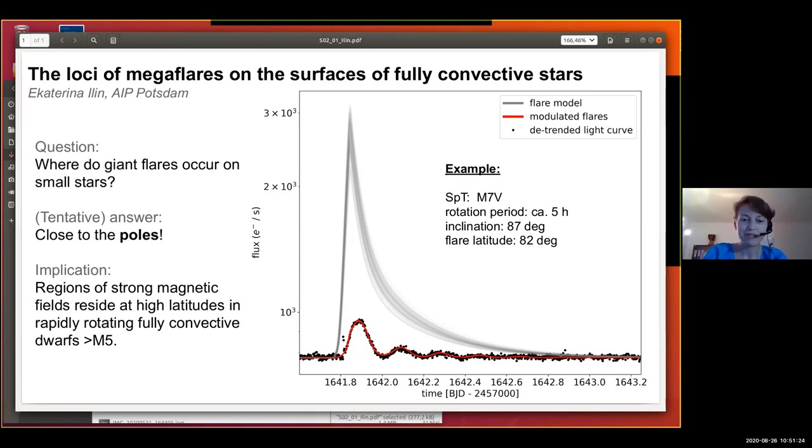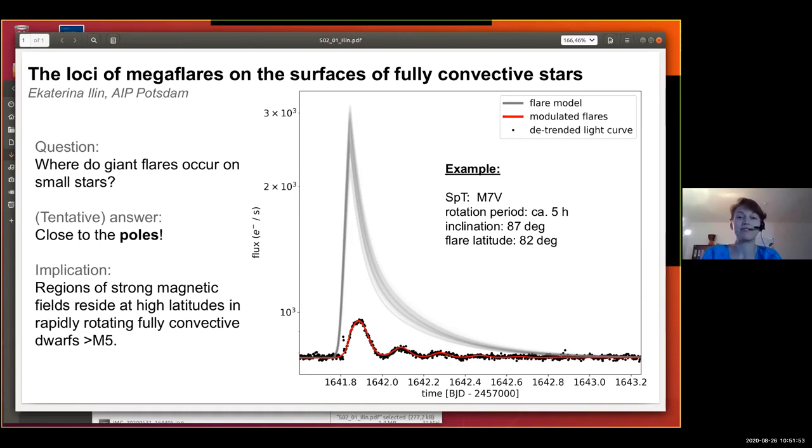The cool thing is our model not only tells us what the flare looks like, but if we can determine the inclination of a star, which we could because we got a high-res spectrum, we can tell the latitude of that flare. In this case, the inclination was 87 degrees, so pretty much edge on. And the flare latitude turns out to be about 82 degrees, plus or minus a handful.